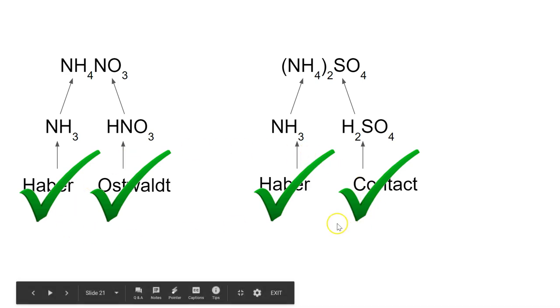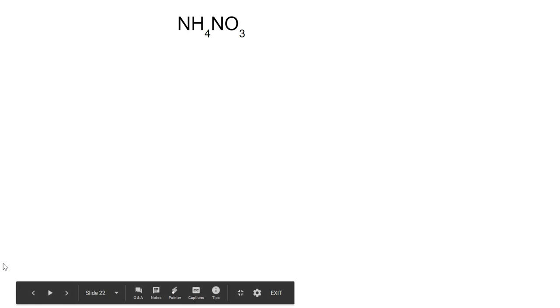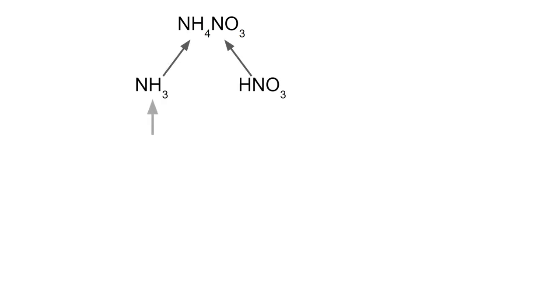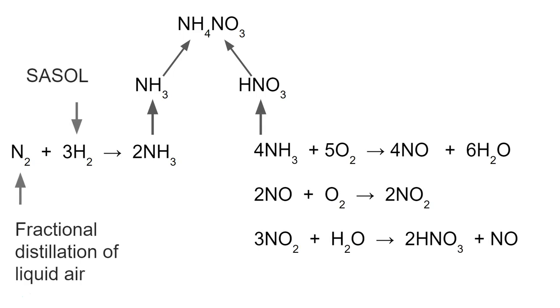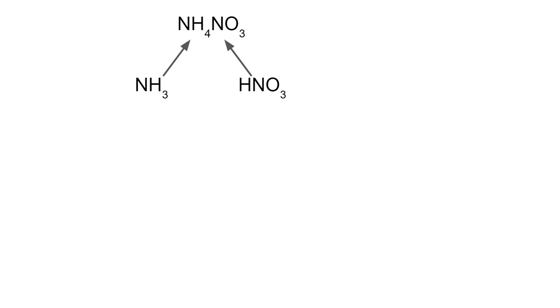I think these 4 processes standing here, the Haber that's kind of overlapping, was what threw me off. I think it is important for you to be able to write down a flow diagram like this one that I have here for each of the 2 fertilizers. Okay, let's quickly go through this one again.